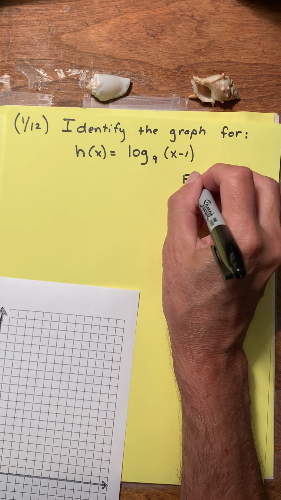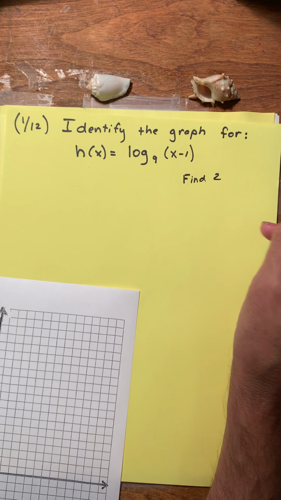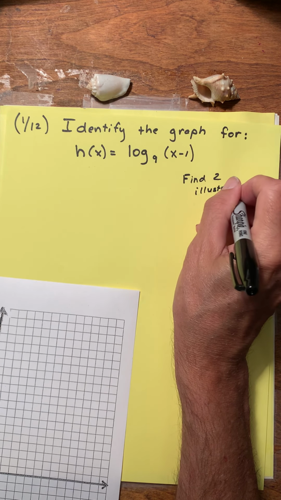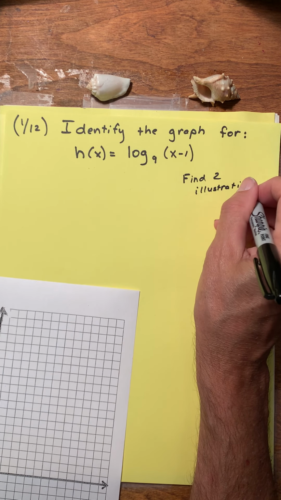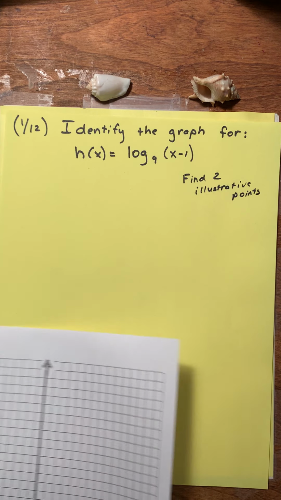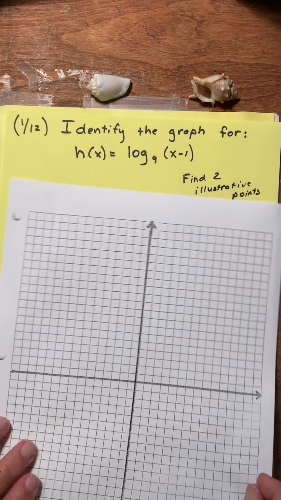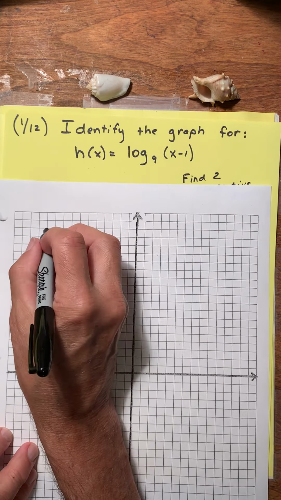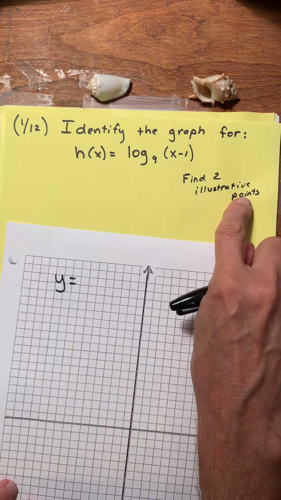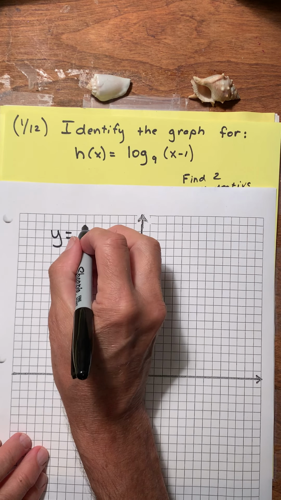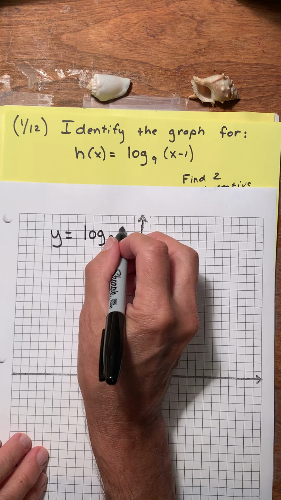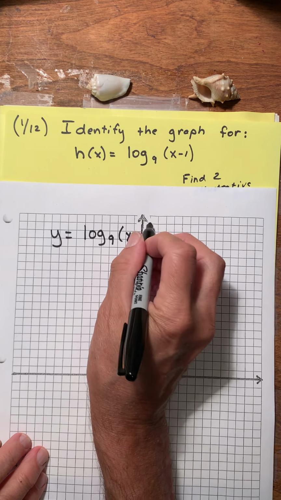So I'm going to find 2 illustrative points. I'm going to call this y equals. I'm going to put it in y equals form because I need to find an x and a y to find a point, right? So y equals log base 9 of x minus 1.